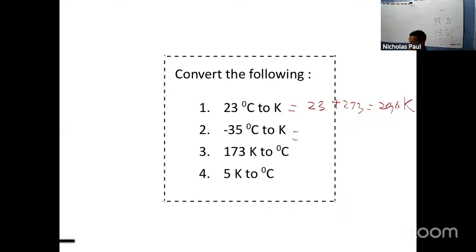Next one, Ethan. So it's minus 35 plus 273. How much? 230 Kelvin. Nice. Next one.